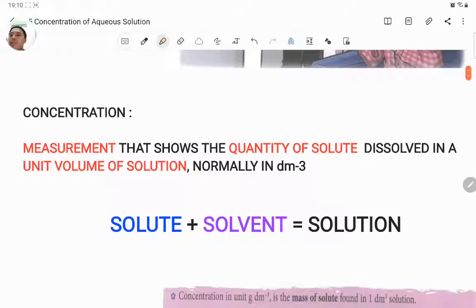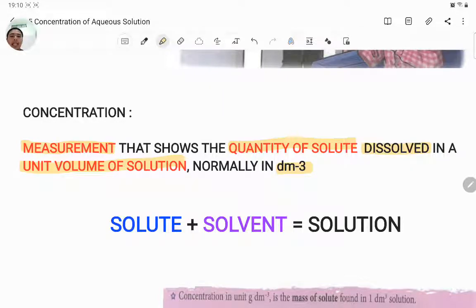Alright, for the general meaning or general definition of concentration, it states that it is a measurement that shows the quantity of solute dissolved in a unit volume of solution. Normally we use dm -3. Okay, so this is the definition for the concentration.